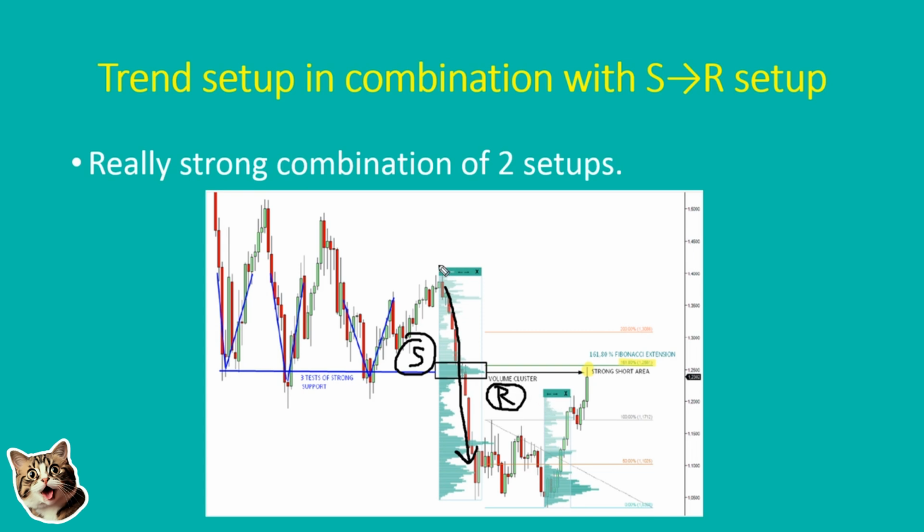And when there is a trend which goes past the strong support, and within the trend you spot a volume cluster like this one, in the same area where the support became a resistance, then it is a very nice confirmation of the level, very nice confluence, and those levels are one of the strongest levels.